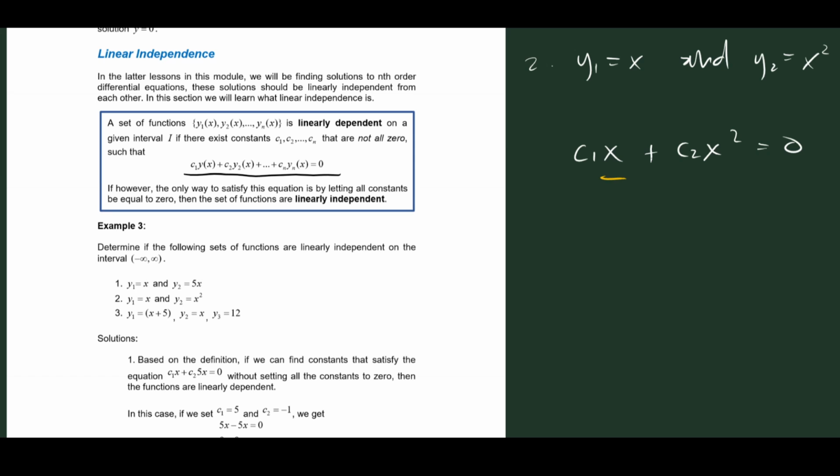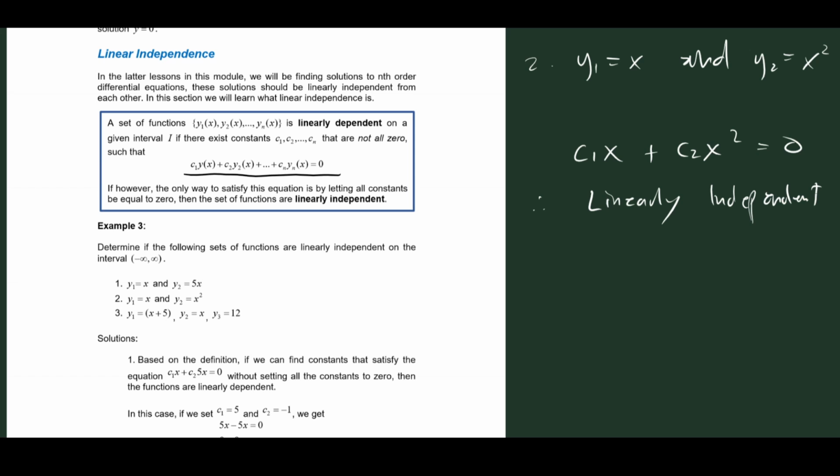Because this is x and this is x squared. The only way that you can satisfy this is to set both constants to 0, right? So we cannot find constants other than setting both of these to 0 in order to satisfy the equation. Therefore, these two functions are linearly independent.